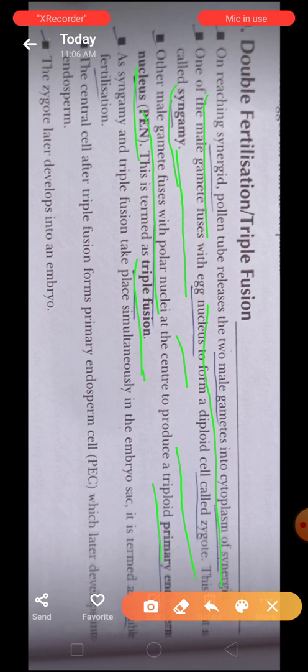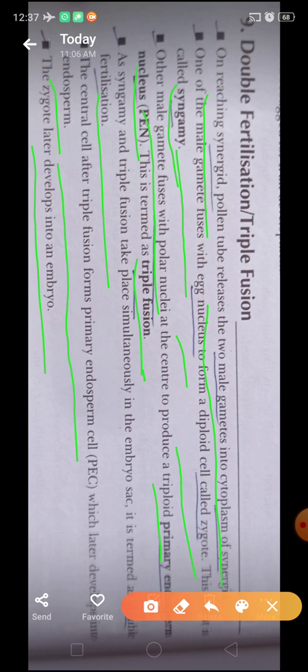So two fusions take place, syngamy and triple fusion. That's why it is known as double fertilization. After that, the central cell after triple fusion develops into the primary endosperm cell, which later develops into the endosperm, and the zygote develops into the embryo.